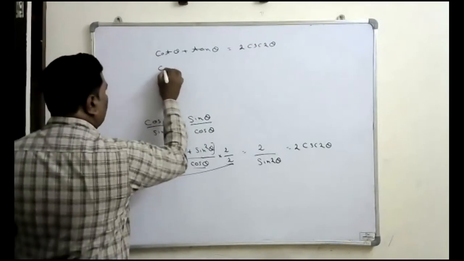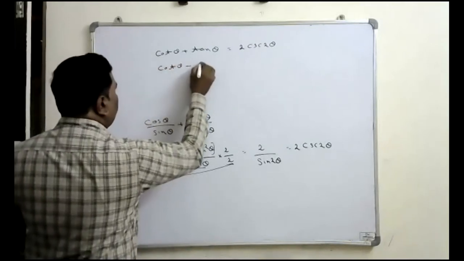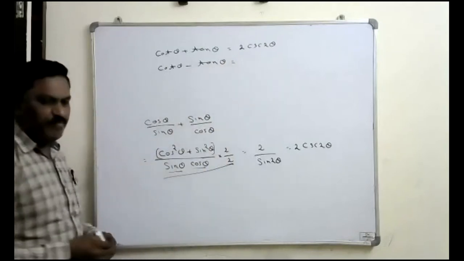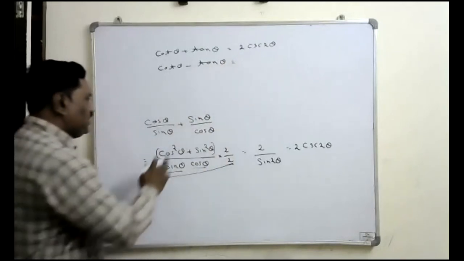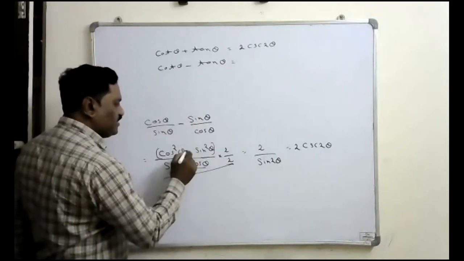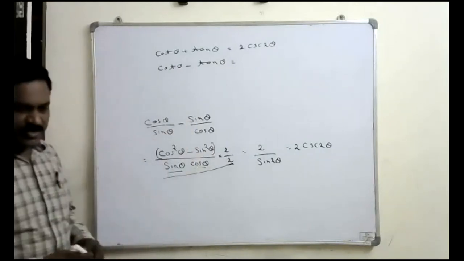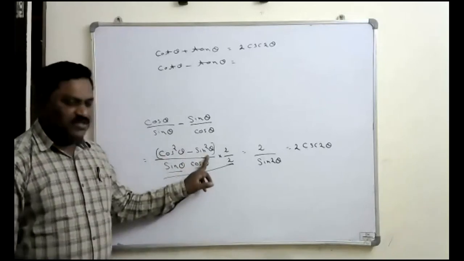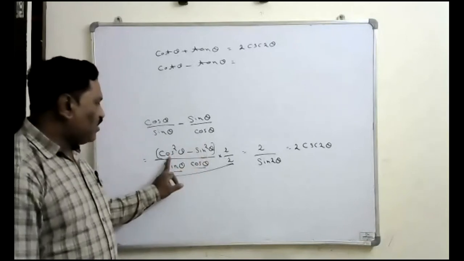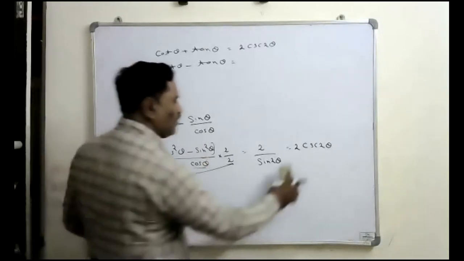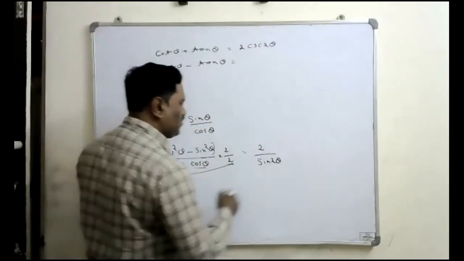Similarly, cot theta minus tan theta is what? If there is a minus sign in between, then here we will get the minus sign. Now the numerator we are getting is cos square theta minus sin square theta. What is the formula for cos square theta minus sin square theta? Cos 2 theta.